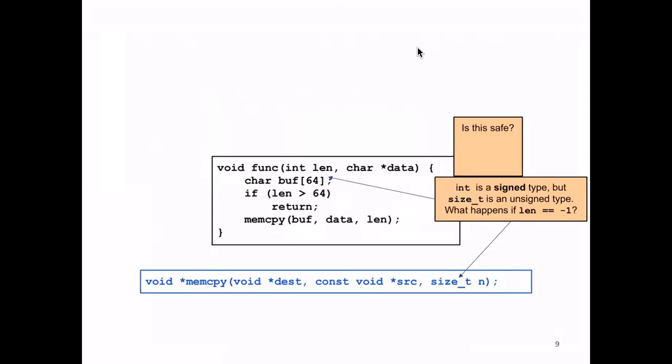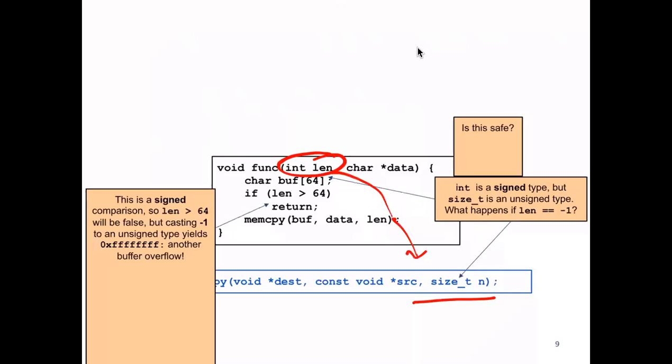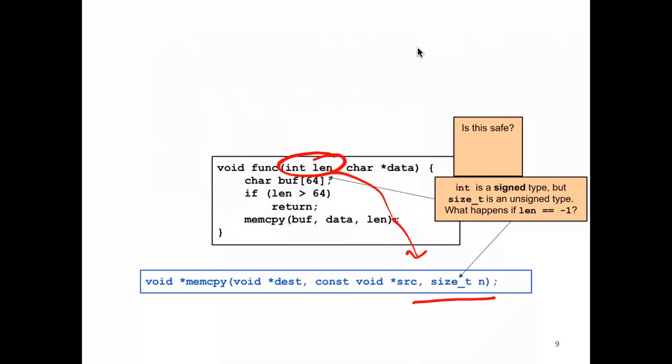So what are we doing? We are converting signed values into unsigned ones. So this value will be interpreted differently here. What happens if length is -1? How will you represent -1 in 2's complement?